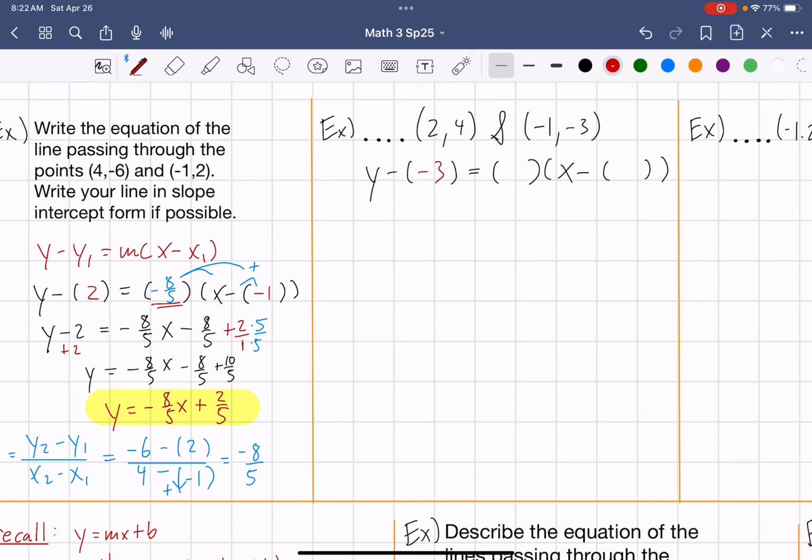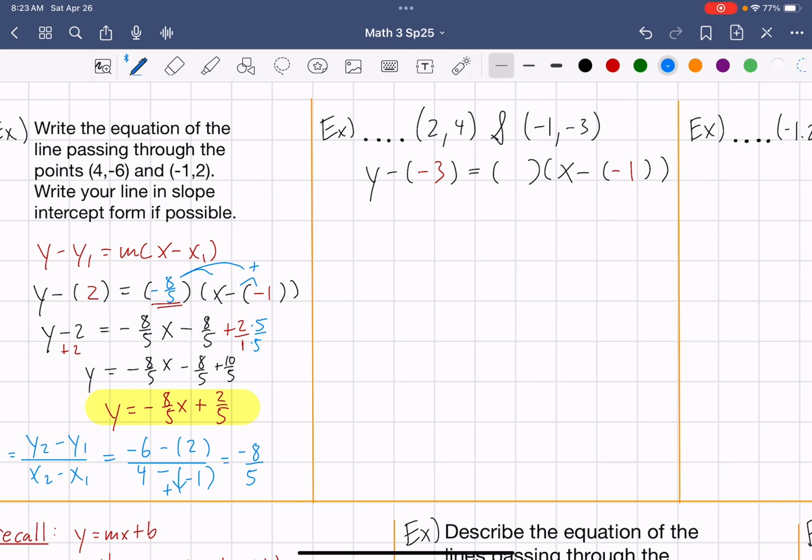Sometimes this one will be better just because it's all positive, so we don't make any mistakes with the negatives. But we should be able to do both. Again, it doesn't matter which one you plug into the point slope form. Both of these are getting passed through, so they're both on the line. So they're both okay to use.